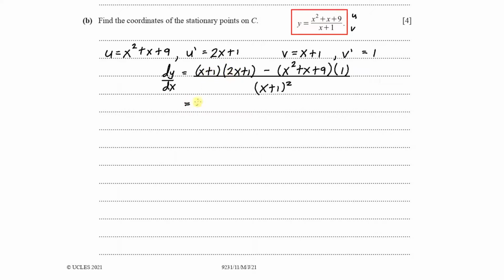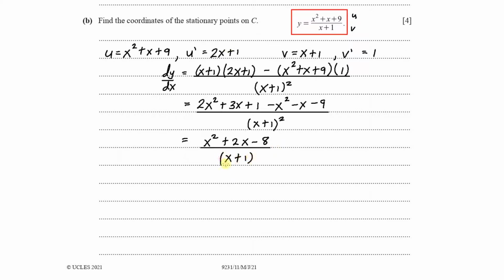Simplifying the numerator, the two brackets give us 2x² + 3x + 1, minus x² - x - 9, all over (x + 1)². So that's 2x² - x² is x², and 3x - x is 2x, and 1 - 9 is -8, all over the denominator (x + 1)². So this is the expression for dy/dx.